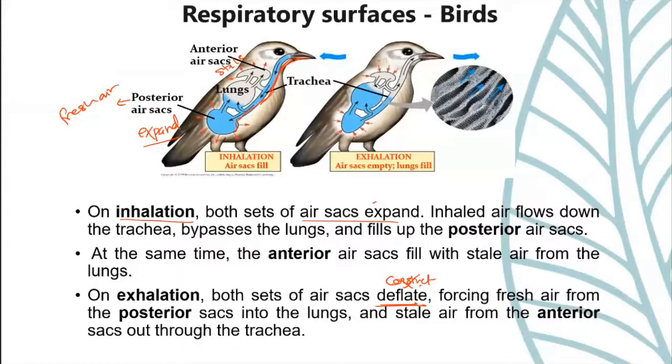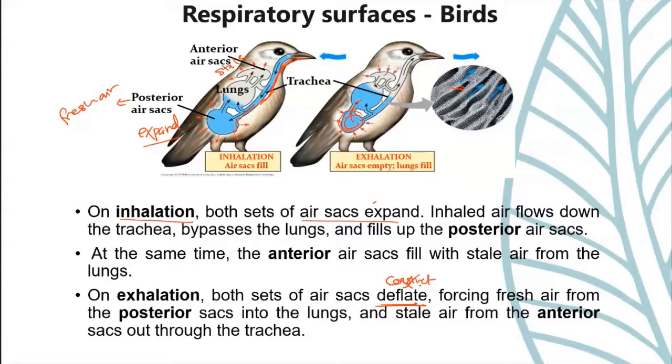And then pushing the air to the next component. Maksudnya kalau posterior, from the posterior, the fresh air will be pushed into the lung so that the oxygen can be provided, oxygen from the lung, from the parabronchi, can enter into blood vessels. Okay, so oxygen poor blood becomes oxygen rich blood.